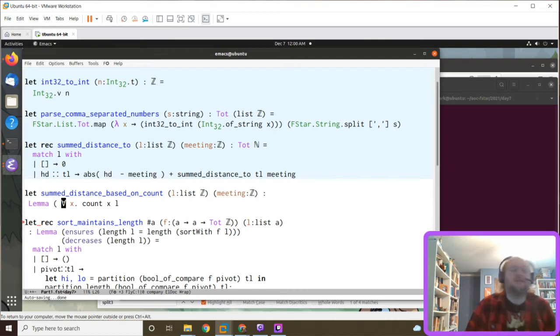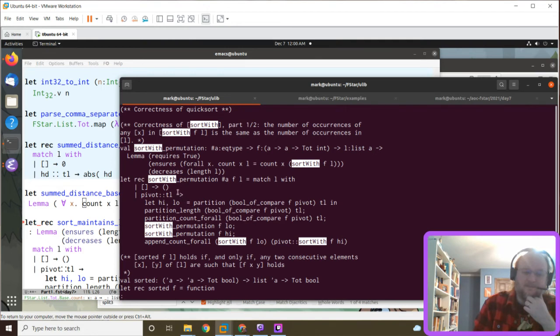Okay, what we can say is if we remove everything with a particular value, yeah, what I'd like to say is if we sum up the counts of everything that's a member of the list, then we could apply this and say it's invariant under sorting.